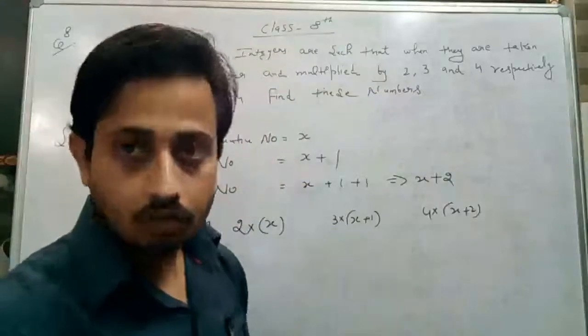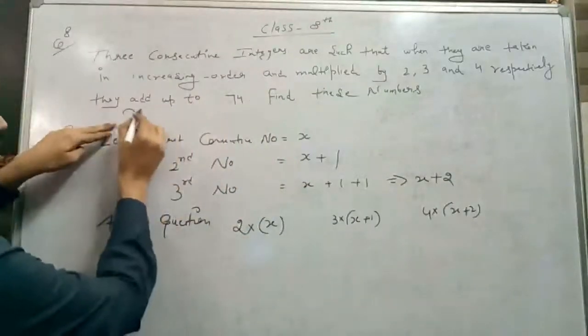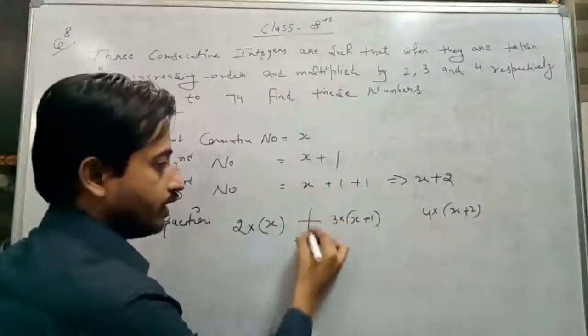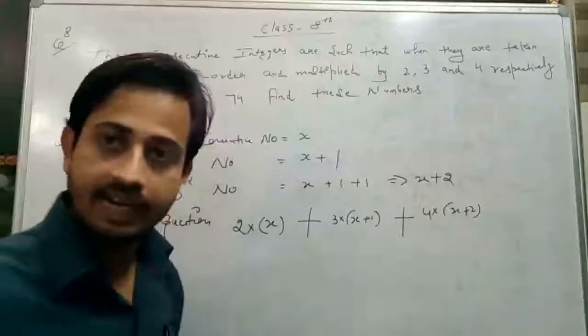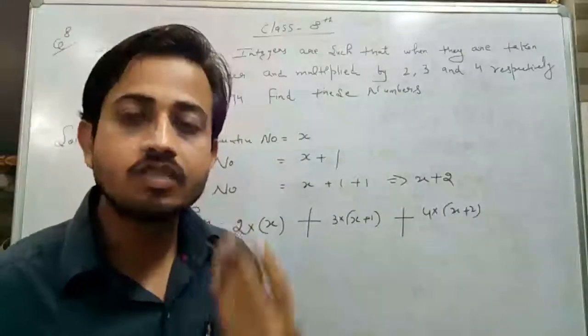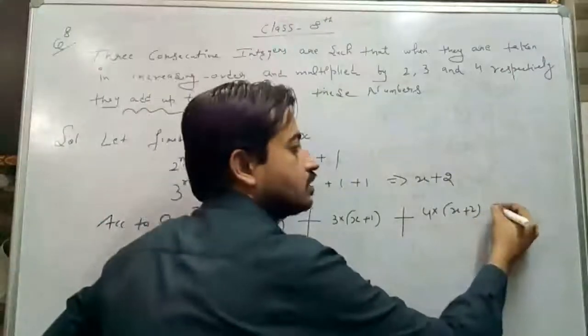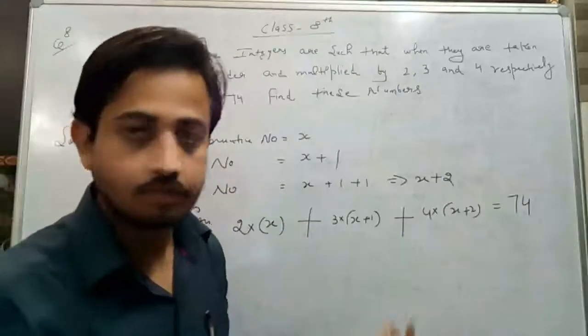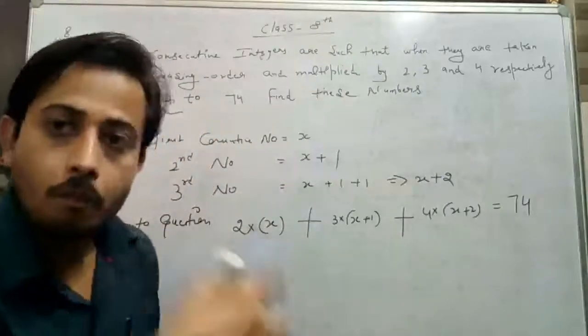Now read the next part of the statement: add up. It means we have to add them, and we get the result equal to 74. This is as simple. So do the multiplication first.